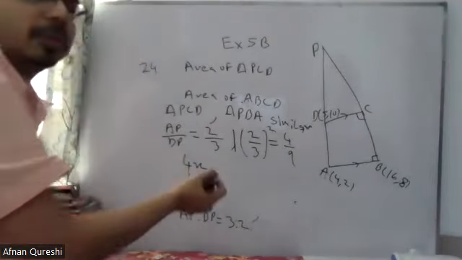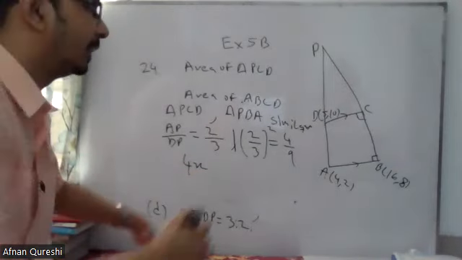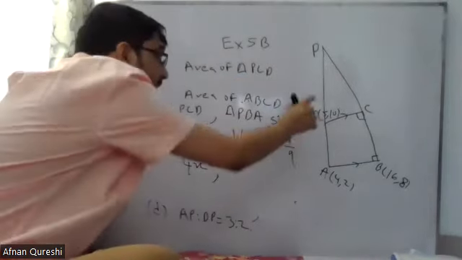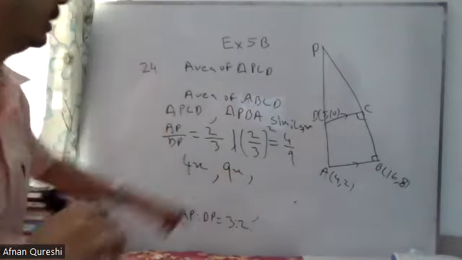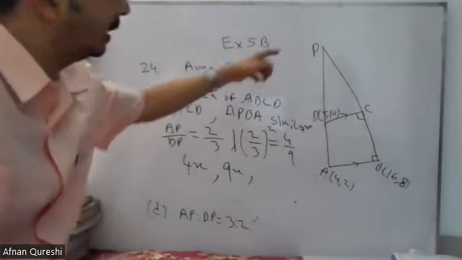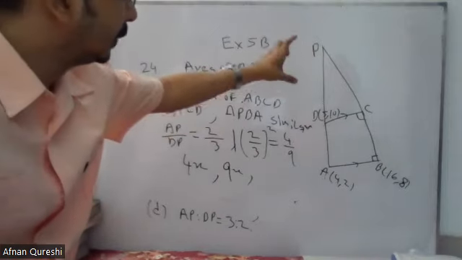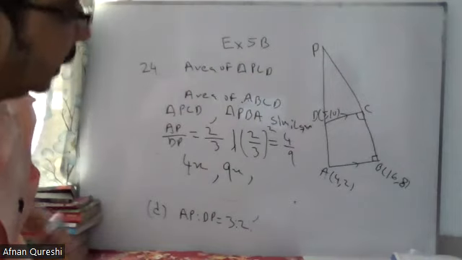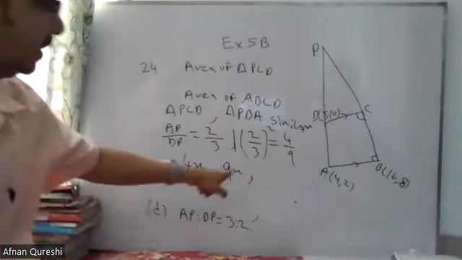I can just write 4 also if you find it easy, but let's say it is 4x. Then the area of the larger triangle will be 9x, since the ratio of the areas is 4:9.